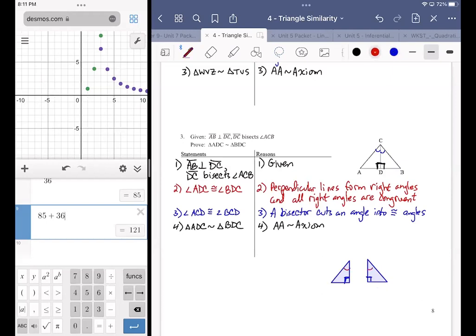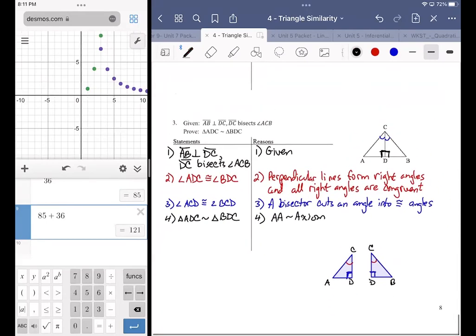I would just have to play around with the orientation so that they're facing the same way, but you don't even really have to do that as long as you have everything in mind. So we have A, D, C. We have B, D, C. So the sides opposite angle D in both triangles would be in ratio to one another.